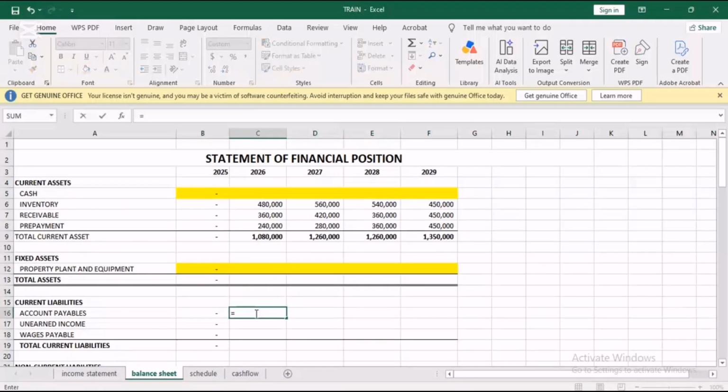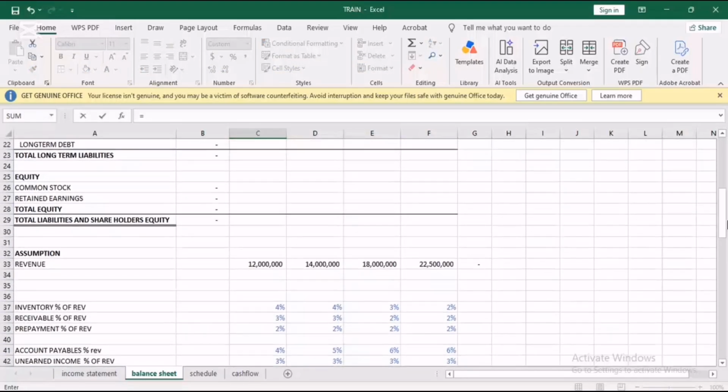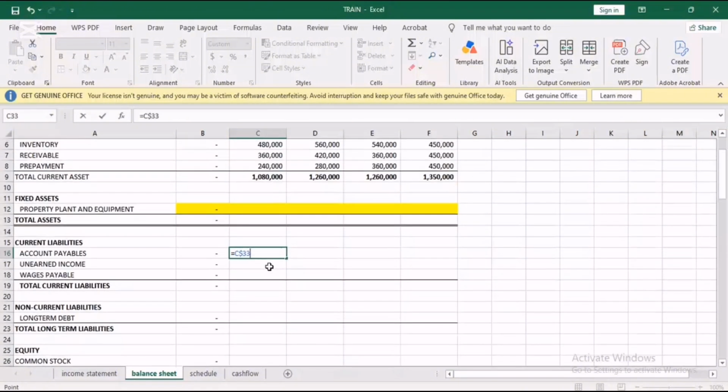Equal to, then our gross sales, then we have to make it absolute because we are running through, so F4, F4. That's it. So let's hit our multiplication sign here.